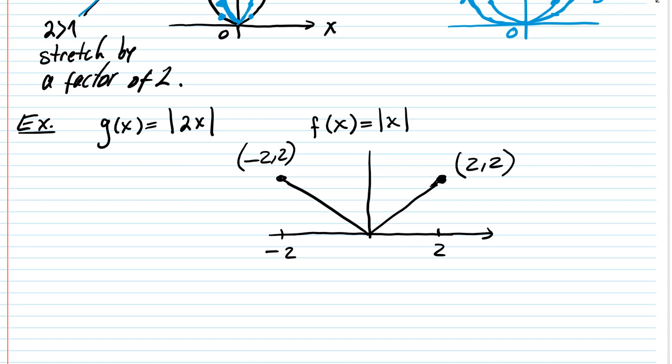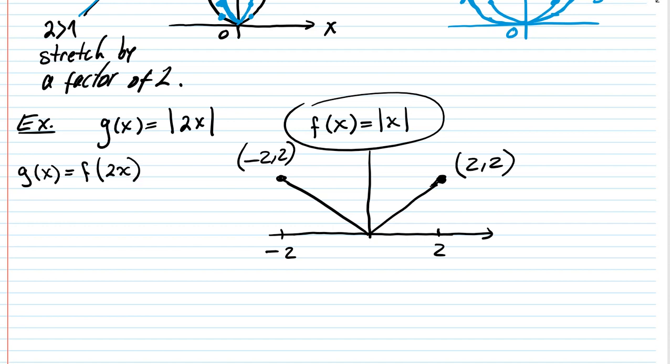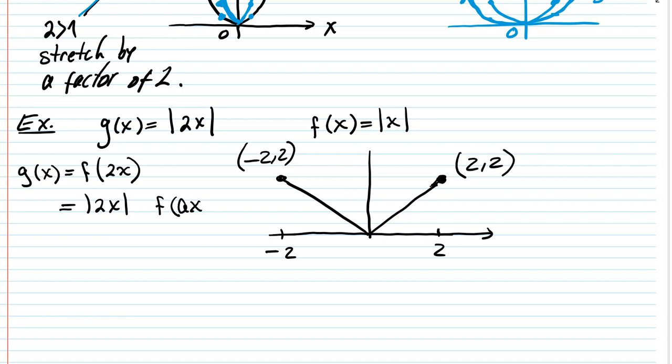For this one, I can think of g of x as related to f of 2x, couldn't I? What does that mean? f of 2x means replace x in the absolute value by 2x. So you see that? I get exactly what I got. Now this will actually work exactly like f of a x.